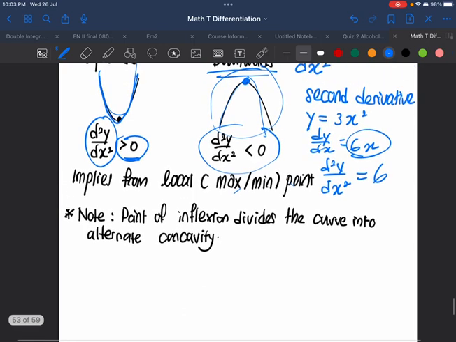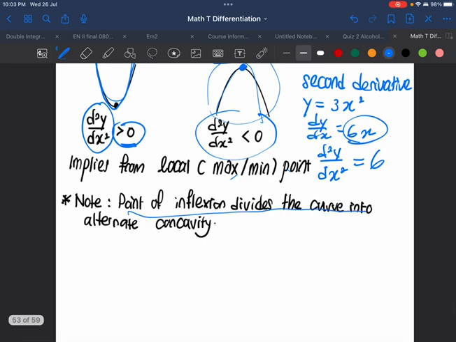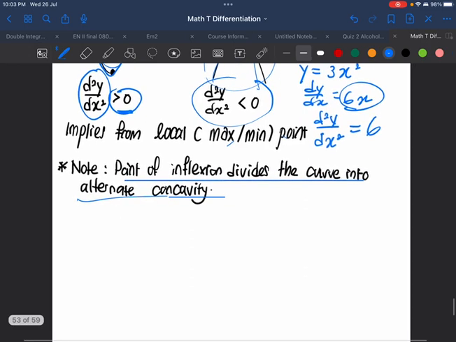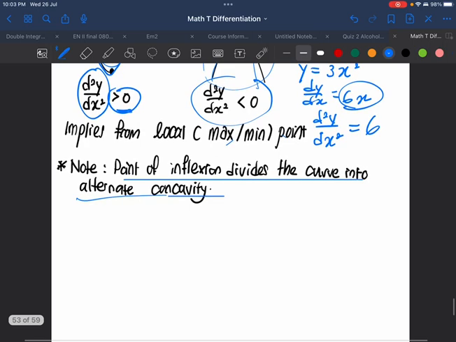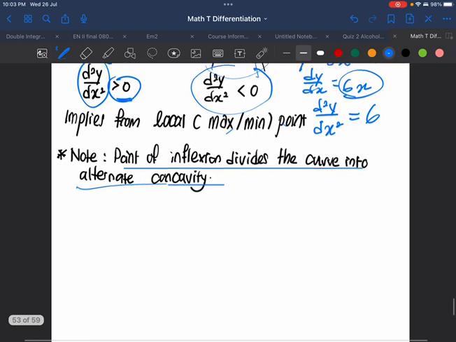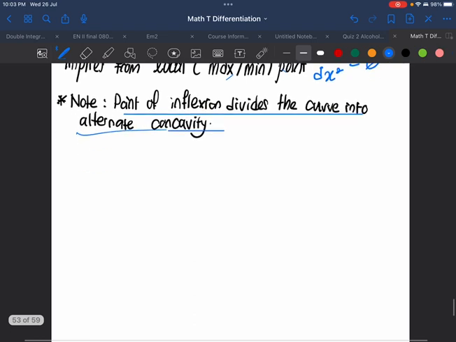So note that the point of inflection will divide the curve into alternate concavity. It means that after the point of inflection, you will see alternate concavity, that is concave upwards and downwards. Let's say I have a curve like this. So here, yeah, I drew nicely. Here is actually the point of inflection.